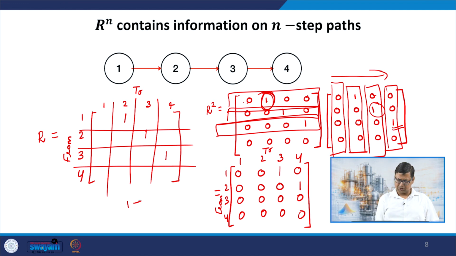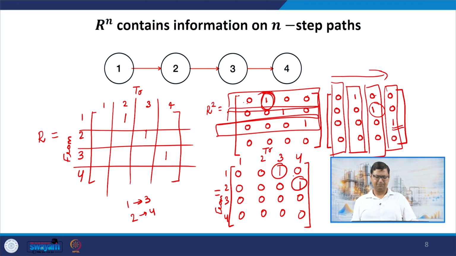So 1 to 3 is non-zero, and 2 to 4 is also non-zero, right? 2 to 4 is also 1, 1 to 3 is also 1. And what do these represent on the graph? You can see for yourself, they represent two-step paths in the graph, right?